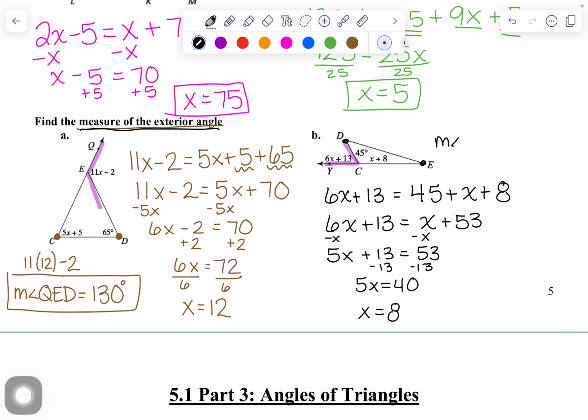The exterior angle on this one is either YCD or DCY. Whatever 6 times 8 plus 13 is, it's 48 plus 13, which is 61 degrees.